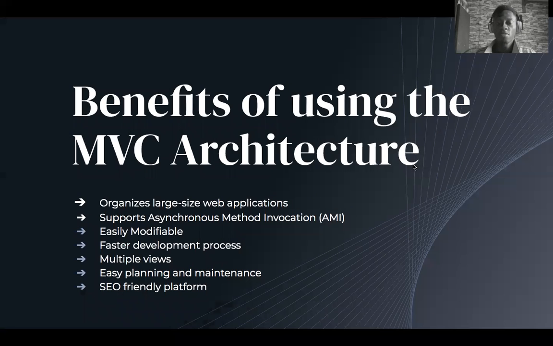All right, so these are some of the benefits of using the MVC architecture. One, it organizes large-size web applications. For instance, you don't need to scroll down thousands of lines of code to debug something, depending on where the issue is coming from. If you are not getting data from the database, maybe your application is not returning data, you know where to go.